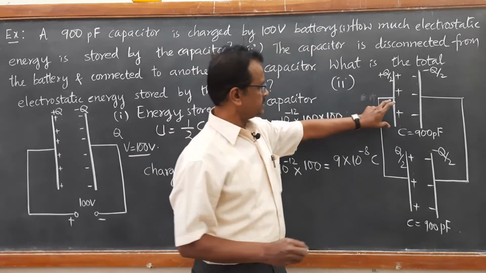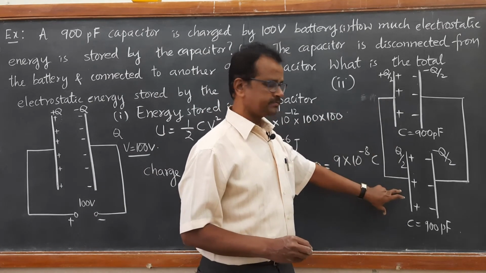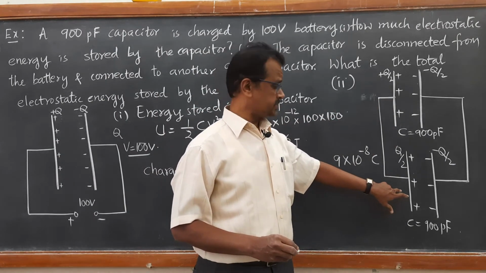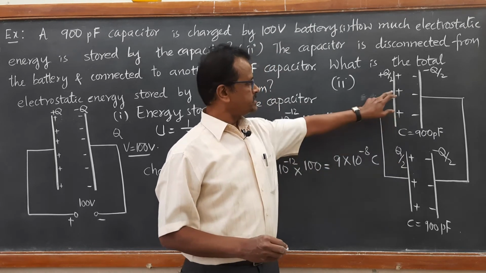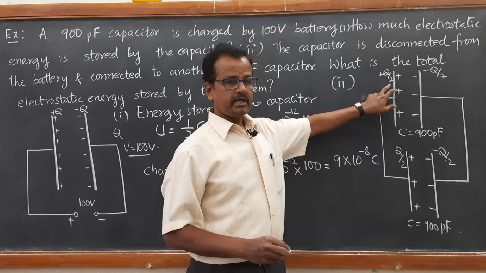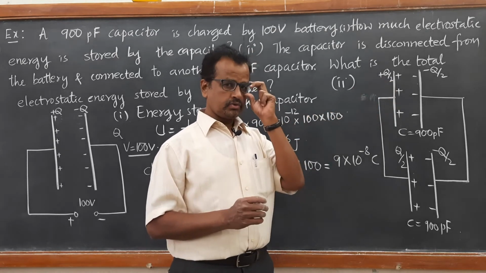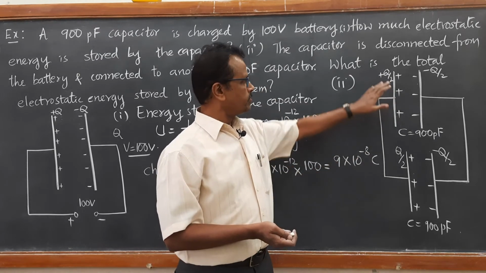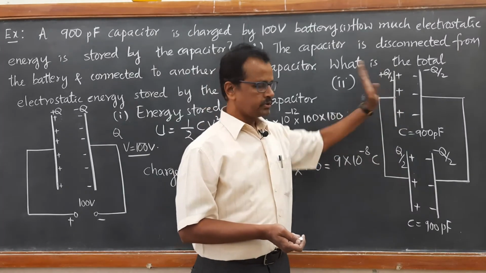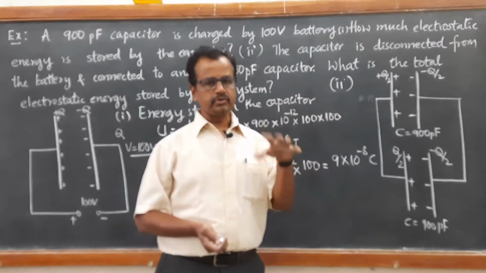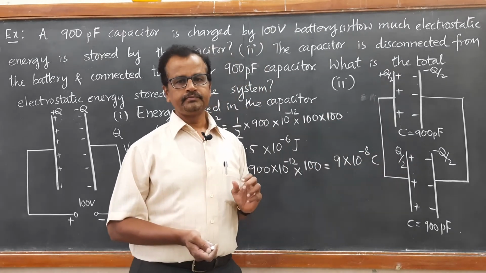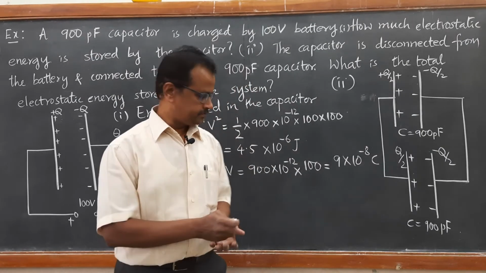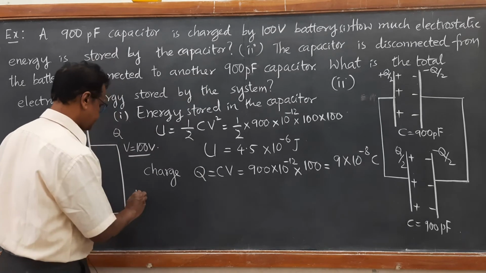Now when a fully charged capacitor is connected to an uncharged capacitor of the same capacitance value, by charge conservation the charges are stored equally, Q by 2, Q by 2. So when the charge is reduced to Q by 2, the voltage will also be reduced to V by 2. Now we will write the second part.